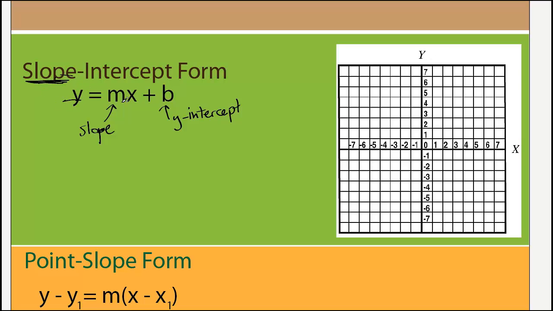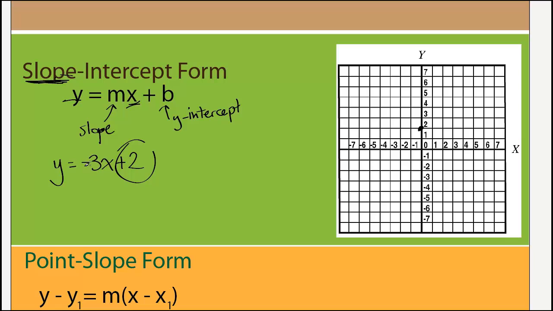This y and this x are just general points. So let's say we have an equation of y equals negative 3x plus 2. We start at our y-intercept of positive 2, so on our y-axis, we make a point at 2.